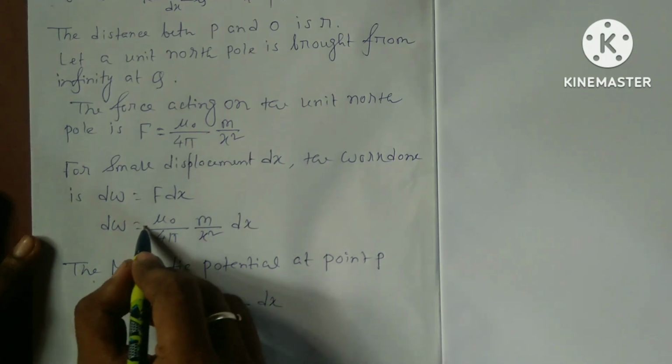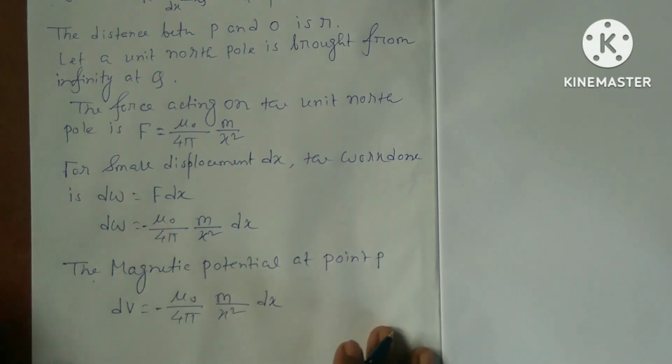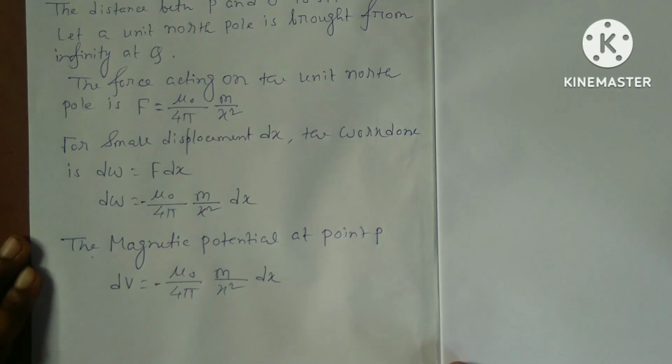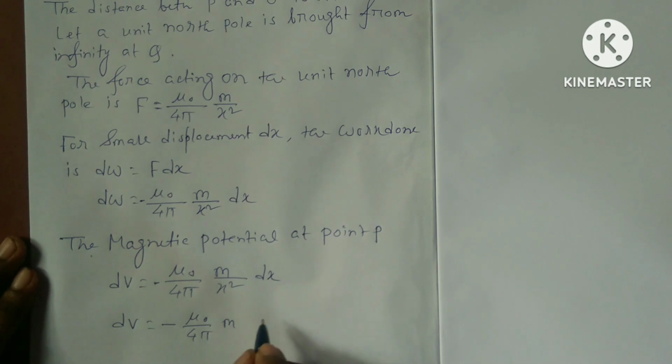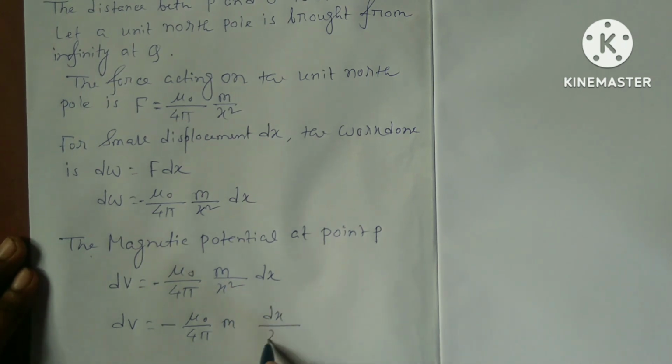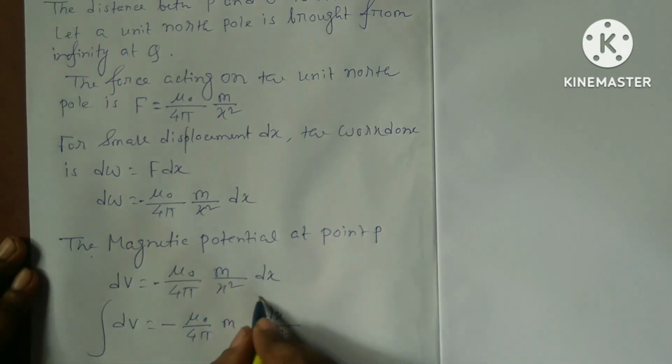Here we have to put a negative sign. So now mu 0 by 4 pi m dx by x square.